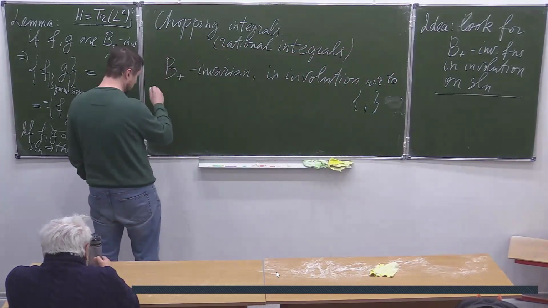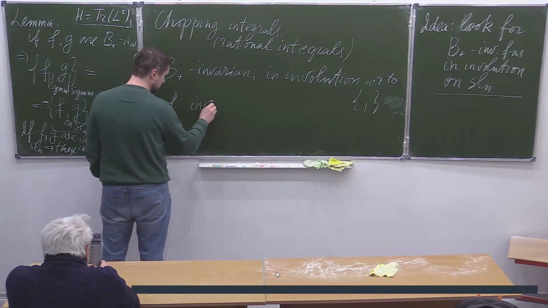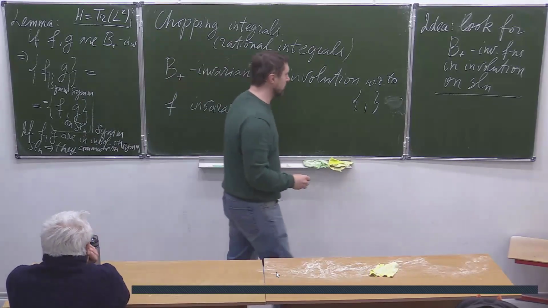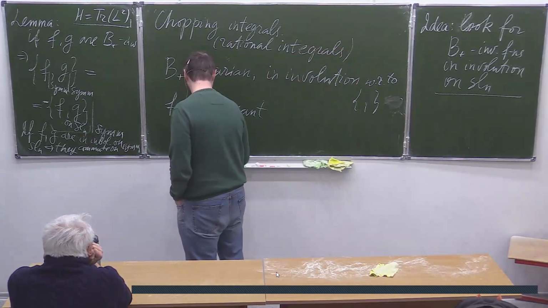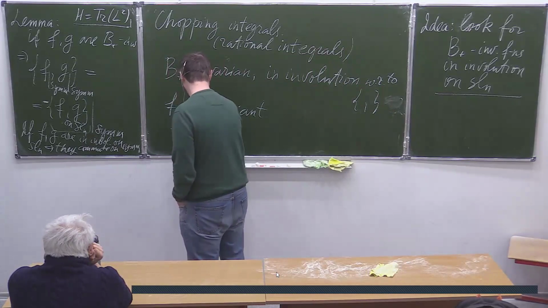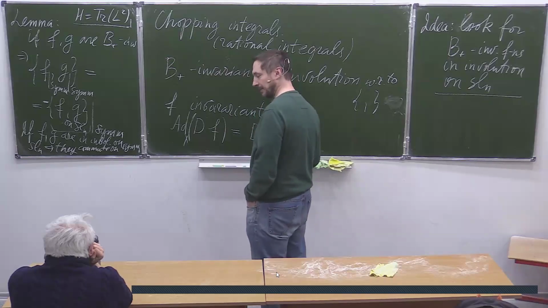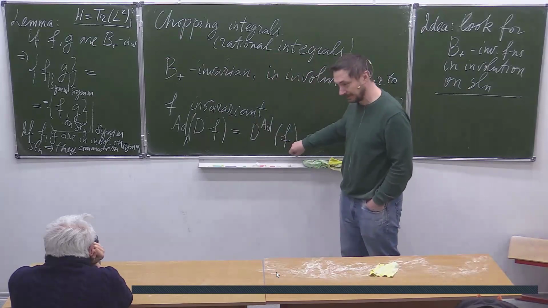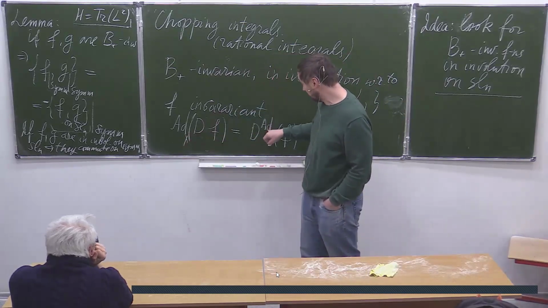We observe that if we have an invariant function, so let F be an invariant function, not of B plus, but invariant of the whole SLN, and if we apply some differential operator D to F, and then we take a conjugation of this by a certain element X, it will give us the same thing as D to which we apply the action of X on F. So this adjoint action on this function amounts to the action of the corresponding X on D.